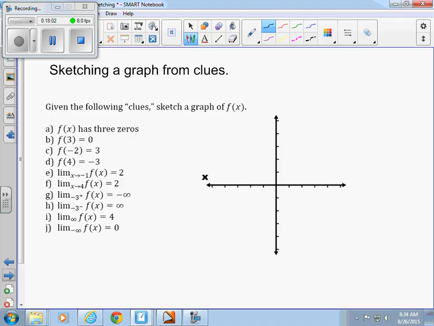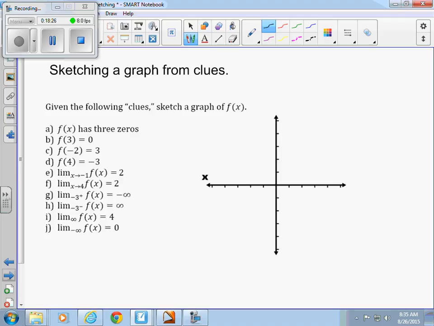It is correct if it meets all of these qualifications. So I'm going to draw one graph that meets all of these qualifications. So I'm just going to start with what I know and go from there. And as I get them drawn, I'll kind of mark them off so I know that I've done it.